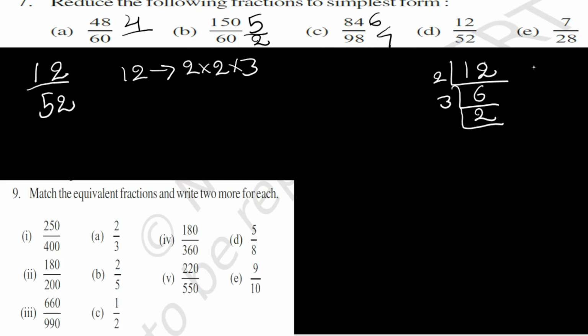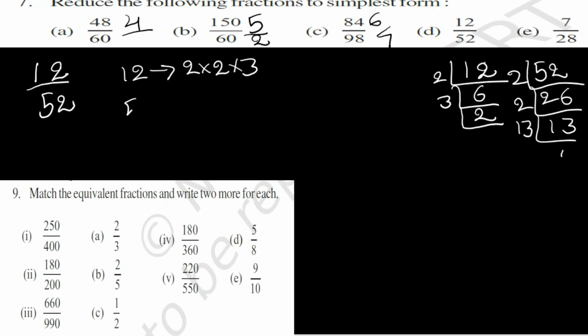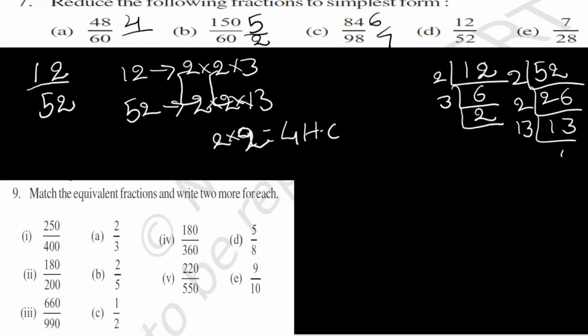And let's factorize 52. This 52 can be expressed as 2 into 26, 2 into 13, 13 into 1, so 52 is 2 into 2 into 13. So the uniform numbers in both the values are 2 into 2. So the HCF is 4.